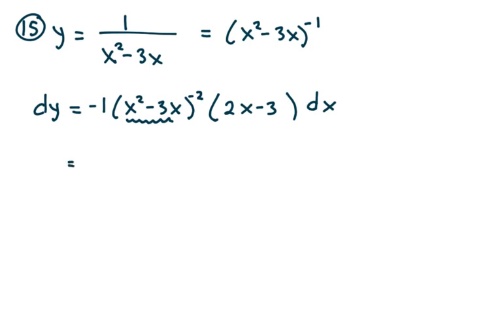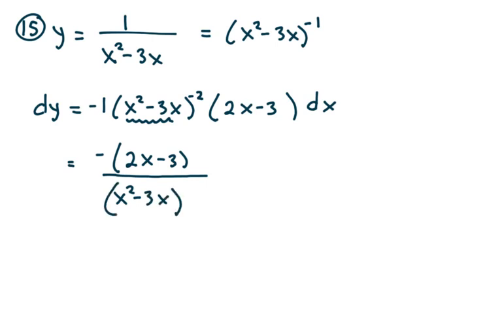And so this is negative of 2x minus 3 divided by x squared minus 3x raised to the second power dx. And I'm going to put the dy here. And so that's what the answer to 15 would be.